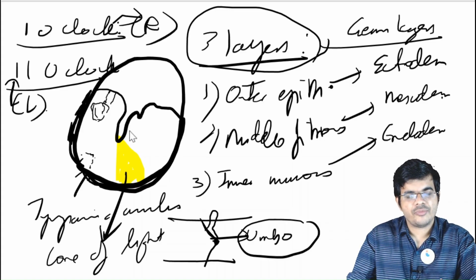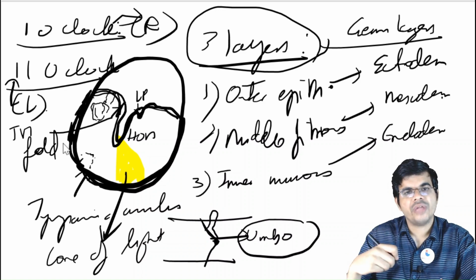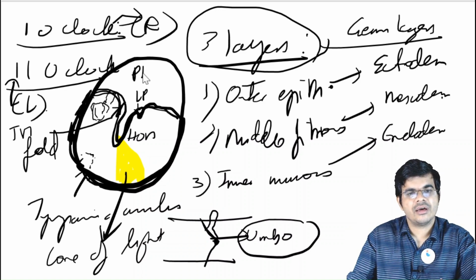So this is the handle of malleus, and you have the lateral process of malleus here, and there are two folds from the handle of malleus. What are they? They are the anterior and posterior tympanomallear fold. Above the anterior and posterior tympanomallear fold you have the pars flaccida.